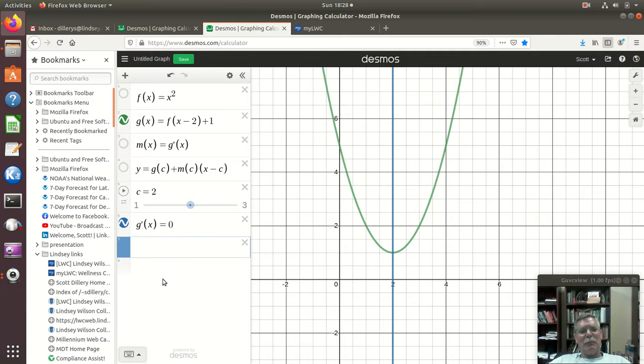And heck, I've just learned that Desmos has upped its capability in solving equations, so that's really nice. And so we'll try to use that at times. But here, I just ask it, solve this equation. It tells me at 2, and so now I know the minimum occurs at 2, and I can tell you what that minimum is. It's 1.